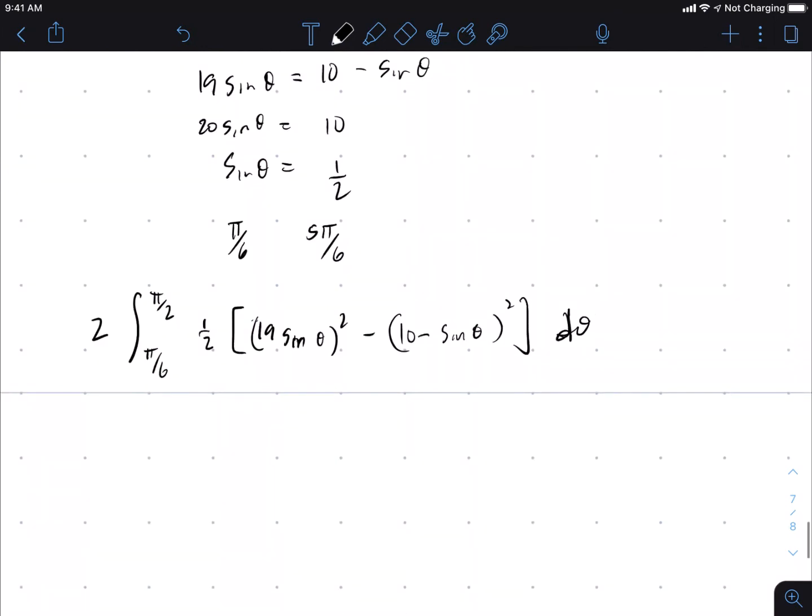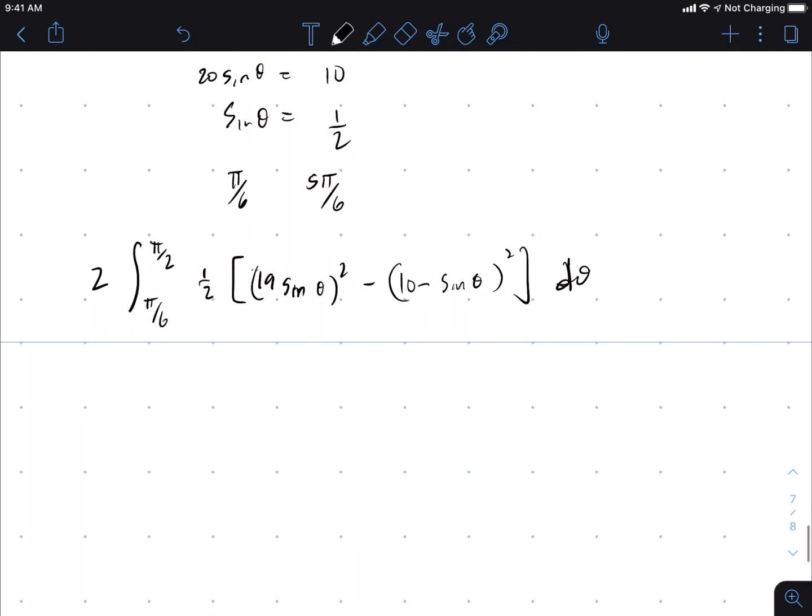And now we have to expand this thing. The 1/2 and the 2 will cancel. So I go from pi over 6 to pi over 2. 19 squared. Is that 461? 361, because 20 squared is 400.